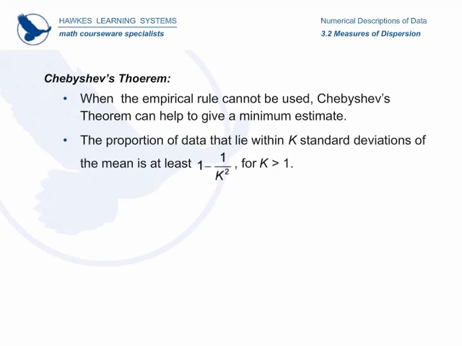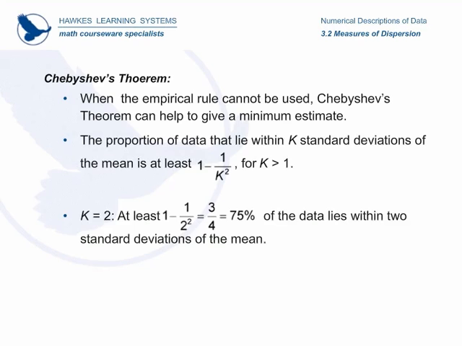The proportion of data that lie within K, and K is just a symbol, standard deviations of the mean is at least 1 minus 1 divided by K squared, and that's for K greater than 1.